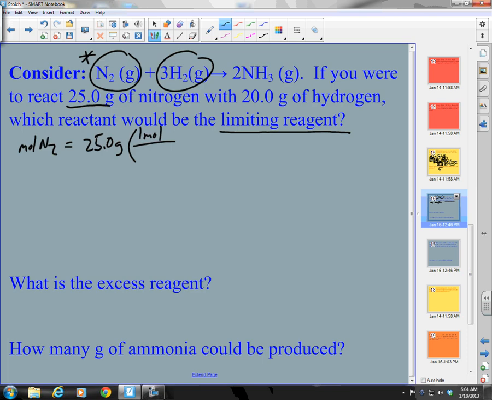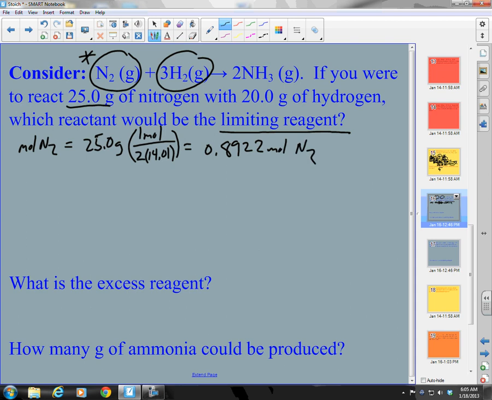And how many nitrogens do I have? 2. So 2 times 14.01 grams per mole. And what do I get? So here we go. 25 divided by 28.02. And I get 0.8922 moles of N2. Got it?